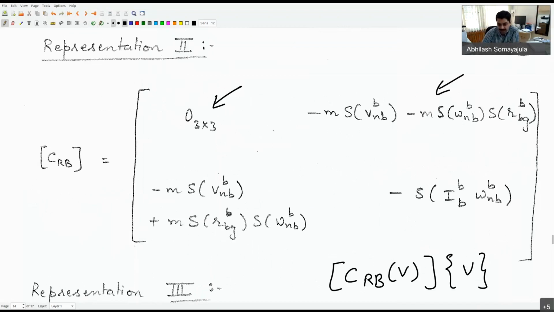Okay, so if I apply C_RB times V for this representation, what will be my top half of this product that I compute? It will be the first term, 0 times the velocity vector plus this, whatever is there here, multiplied by the angular velocity vector.